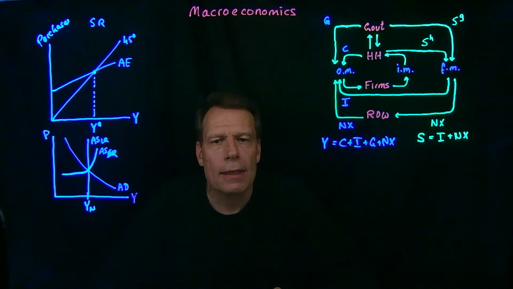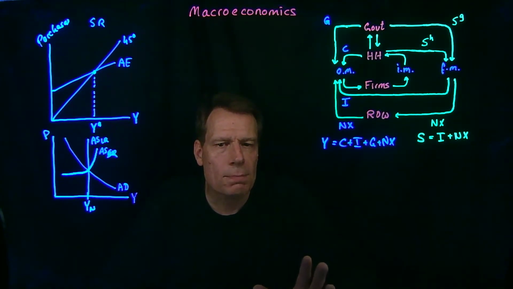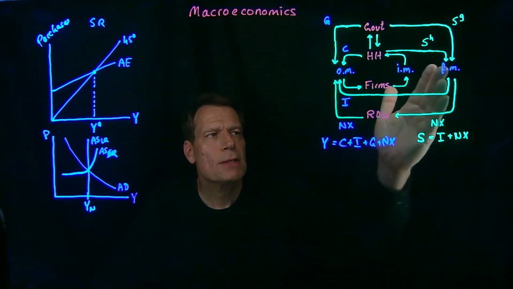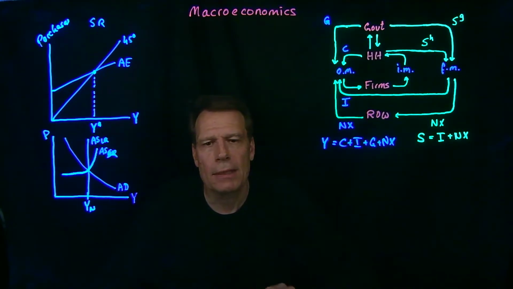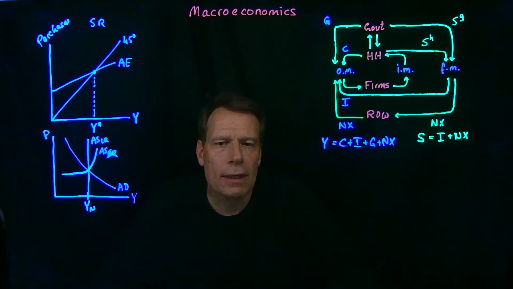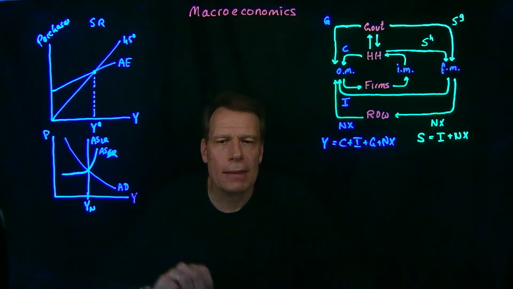Expansionary monetary policy shifts the aggregate demand curve out by increasing the money supply. And then we talked about a transmission mechanism that transmits the impact of that through the economy in the short run. Or it can engage in contractionary monetary policy that shifts aggregate demand in the other direction.